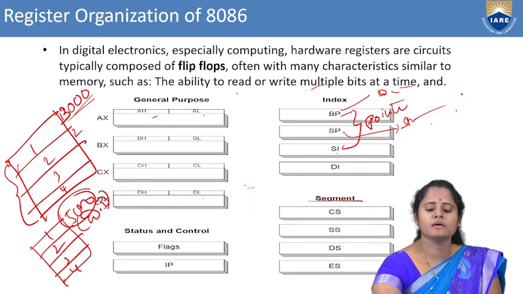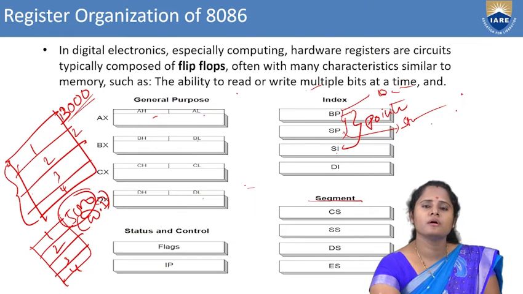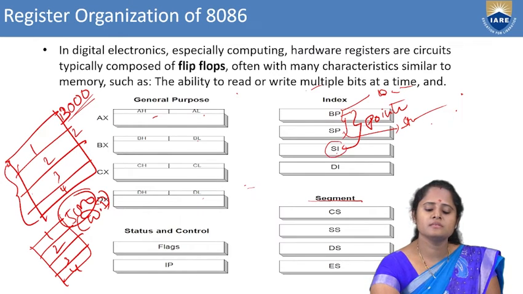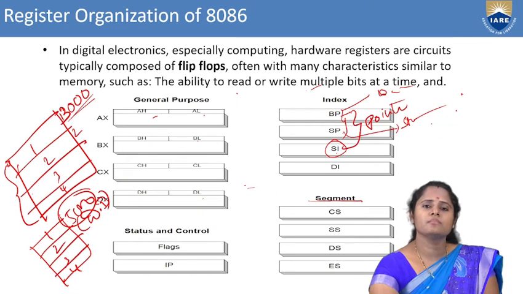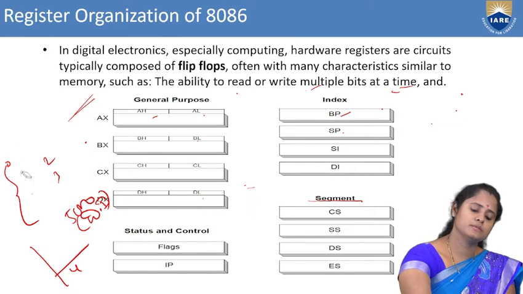So in order to point to the memory location you are working with, you go for the stack pointer and base pointer. To send the input into some memory location, we write SI, which is source index. To get the data in some memory location, you write DI, destination index. So this we have completed.